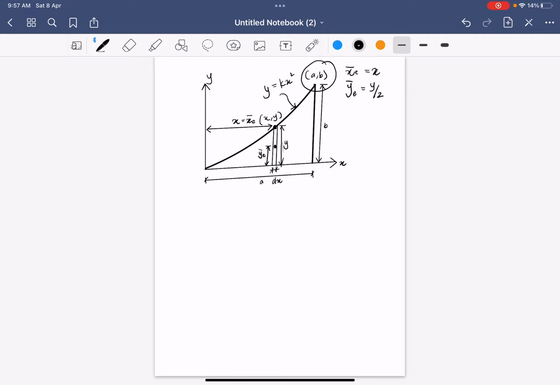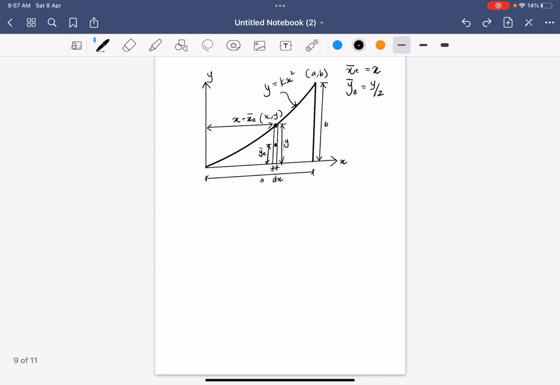If you have any value of a and b, in other words the dimension of the parabolic spandrel, you will get k as a constant value. So let me consider that x equal to a and y is equal to b.